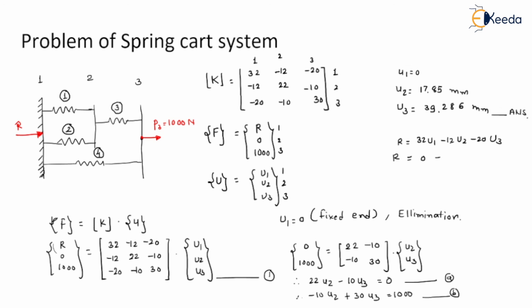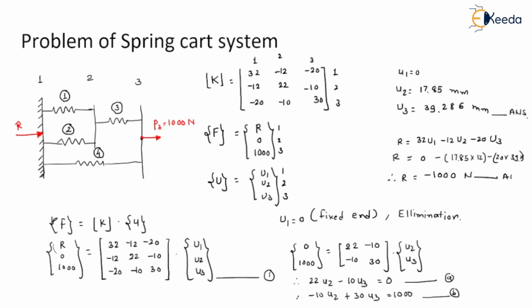Here minus 12 into 17.85, and here 20 into 39.28. So we will get R equal to minus 1000 Newton.